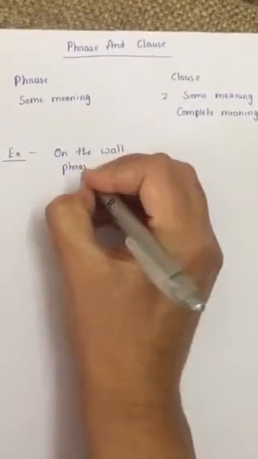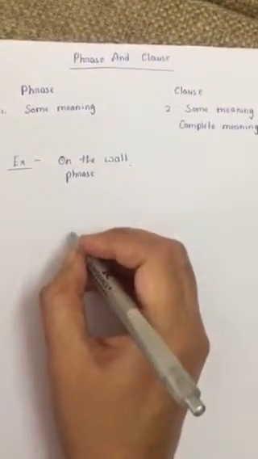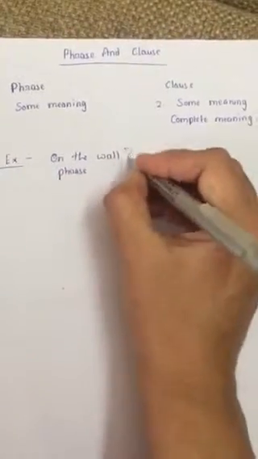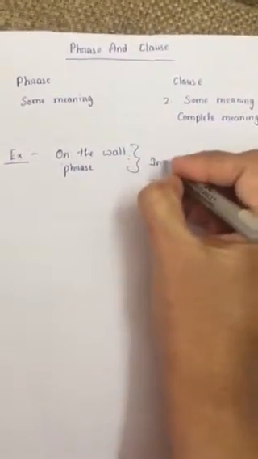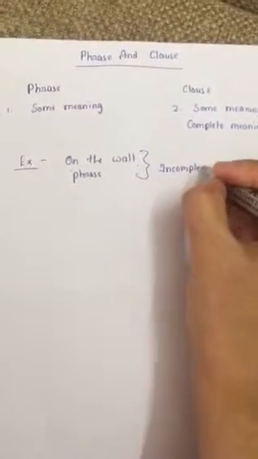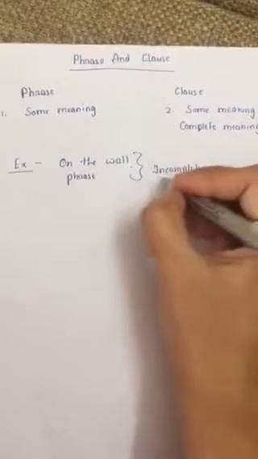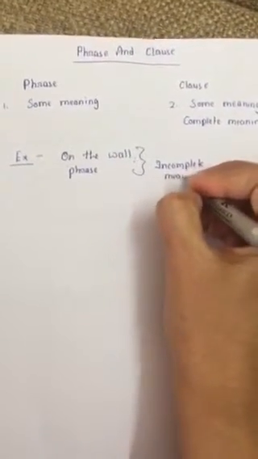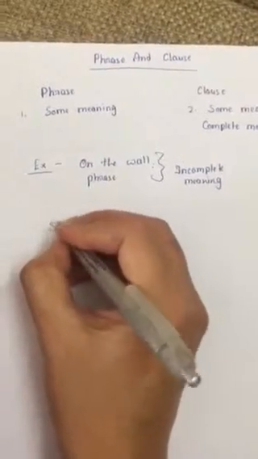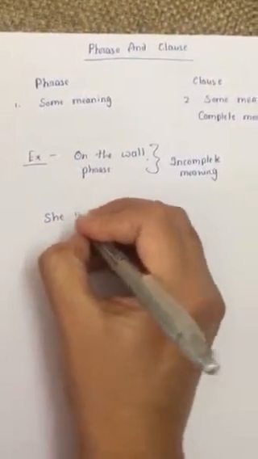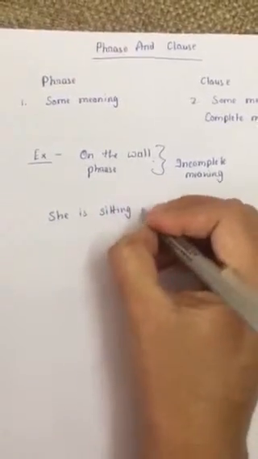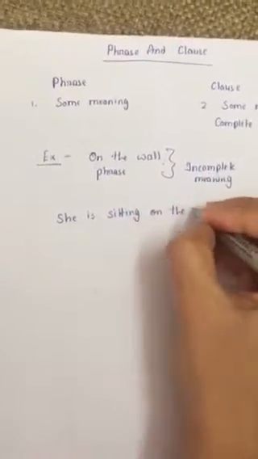I'll clarify in the next complete sentence. Now, this is incomplete meaning, as I just told you. Now I write it: "She is sitting on the wall."